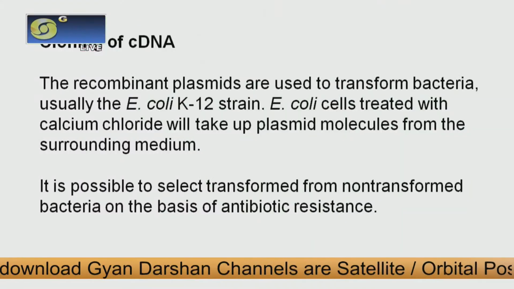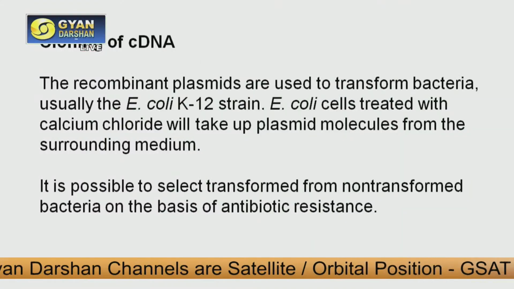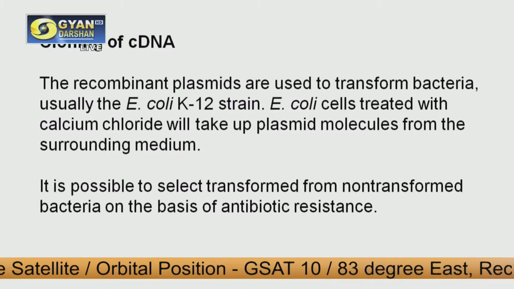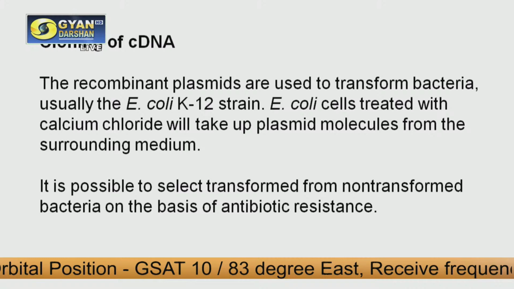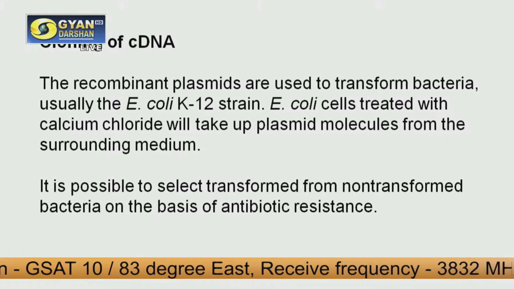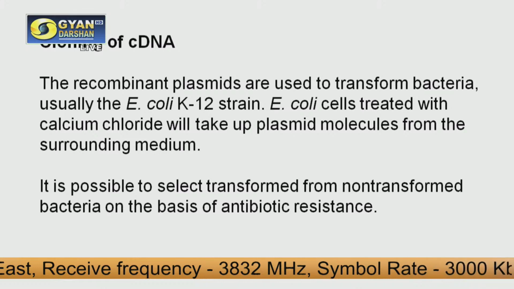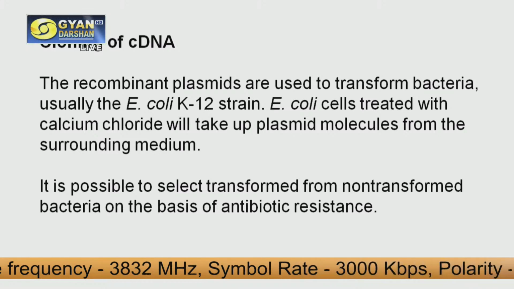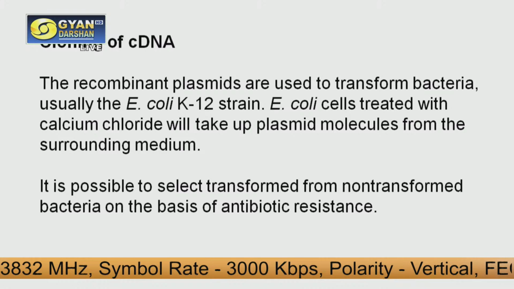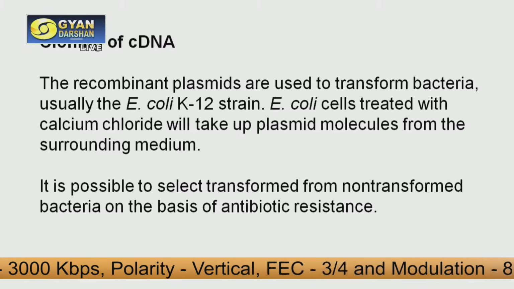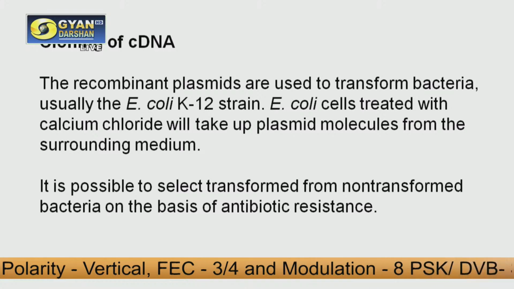The recombinant plasmids are used to transform bacteria, usually the E. coli K12 strain. So you can use plasmid, as I said. Then you prepare the competent E. coli cells. You can use chilled calcium chloride to prepare competent E. coli cells. And these competent cells can take up recombinant plasmid.